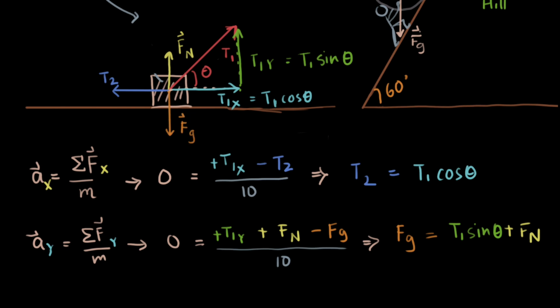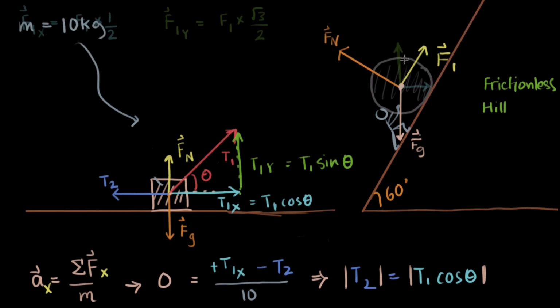Let me be very clear that these are only the magnitudes, because their directions are different, right? That's what happens in this kind of problem. And that is how you can also find the force of friction in this case, which is what we are going to do in the next video.